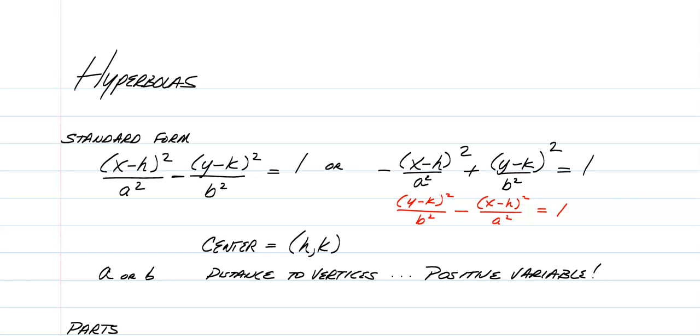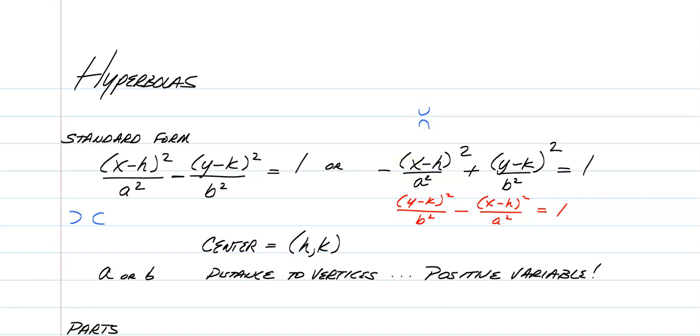If you have a hyperbola that's got a negative y, that shape is going to look a little something like this. It's going to stretch along the x-axis. Hyperbolas always open in the positive direction. The other example is if x is negative, this hyperbola is going to look like that.